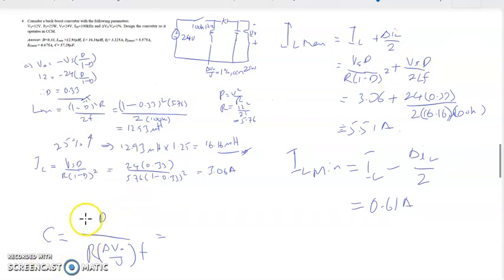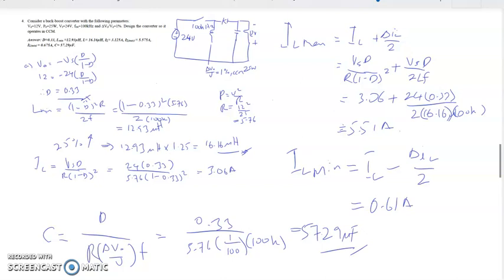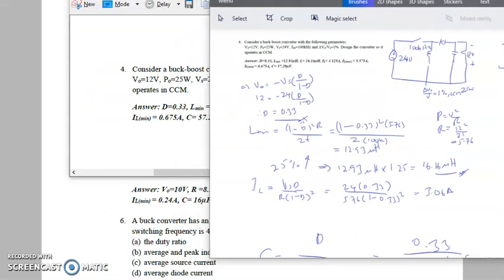So the value of C we can calculate by dividing the duty cycle by R and the range, and also times your frequency. So 0.33 divided by 576, the value of our resistor we calculated just now, times 1% times frequency of 100 kilohertz. So we shall get our required or minimum capacitor value of 557.29 microfarad.